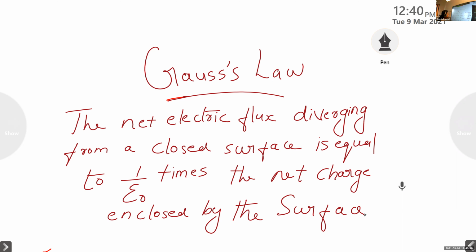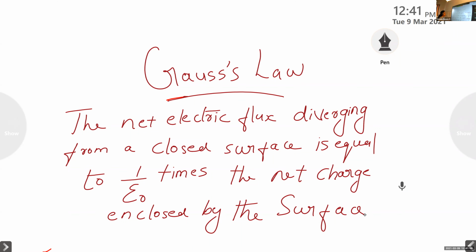And from this theorem, it's very clear that the electric field lines emerge if and only if charges are enclosed in a surface. If the surface encloses charge, then only the electric field lines emerge out. We know that the electric field lines start from the positive charge and terminate at the negative charge.